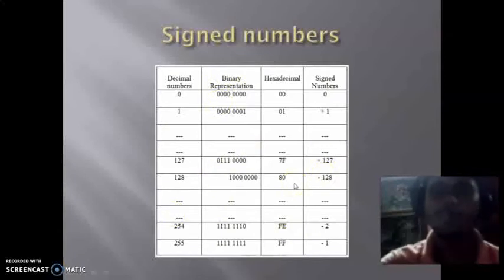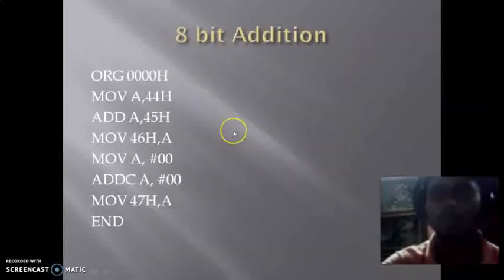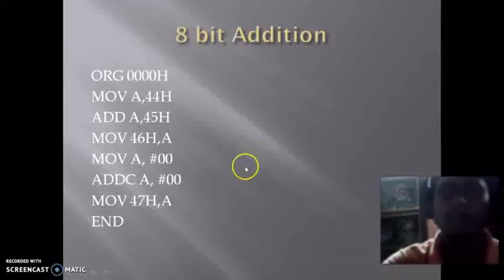Now we will try to write some arithmetic programs. First we will write a program for 8-bit addition, where two 8-bit numbers will be added. Here the origin address is the starting address. MOV A, 44H means the content of 44H, that is the RAM location, will be stored into the accumulator.